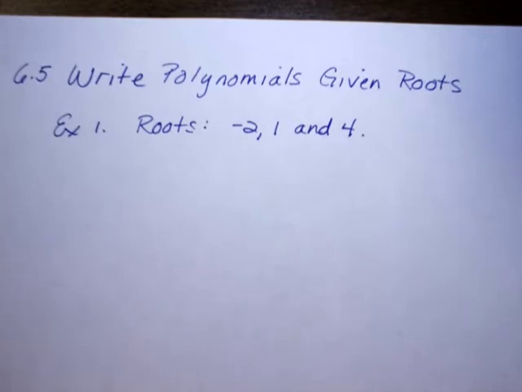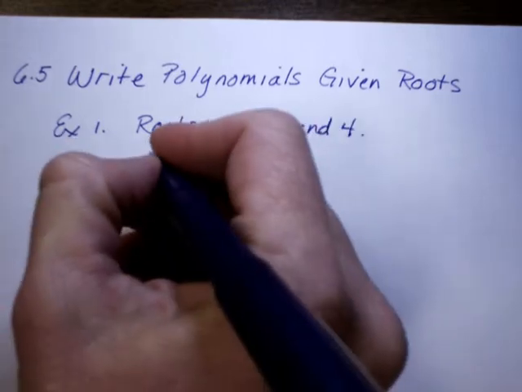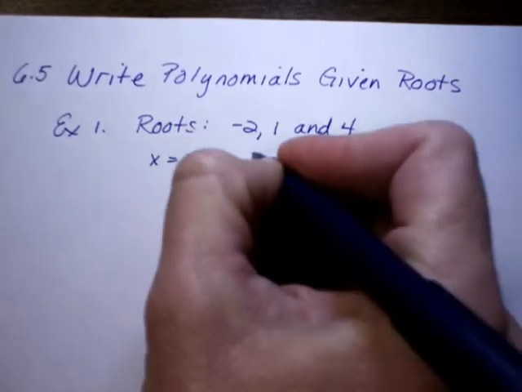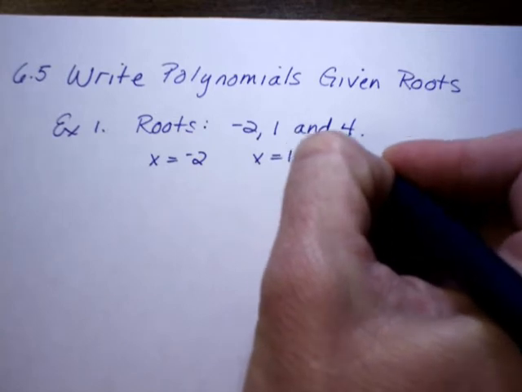So what we're going to do is just change these roots into factors and then multiply our factors together. After we simplify, we should have a cubic polynomial. So I'm going to start by writing each of my roots as an x equals.